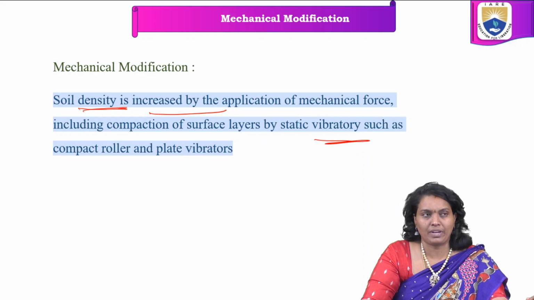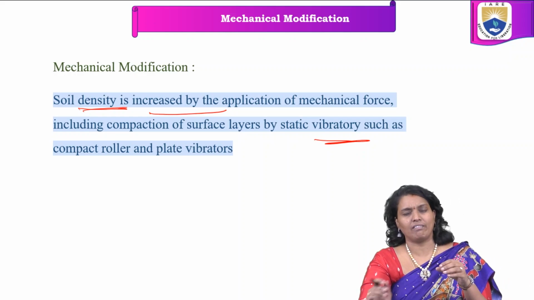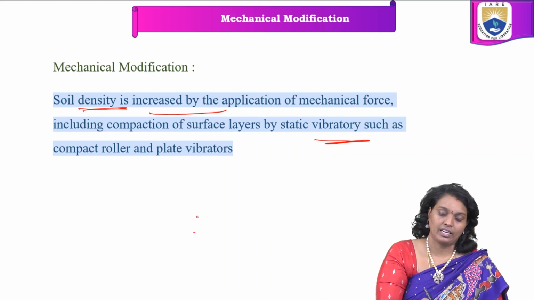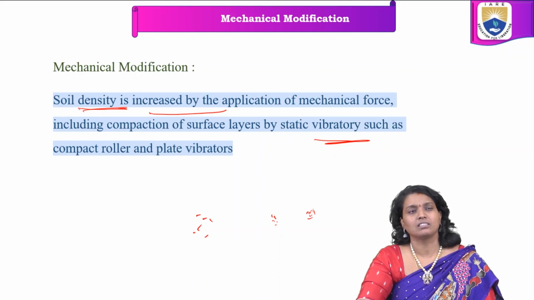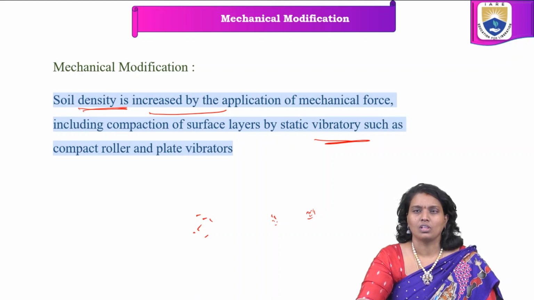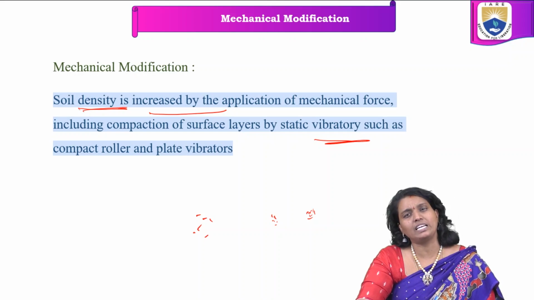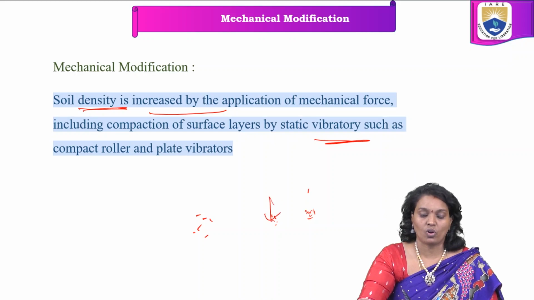Whenever the soil becomes dense, the particles are rearranged like this. In different conditions they are present in the ground, so because of the construction work needed at that location, we are going to densify these soils.